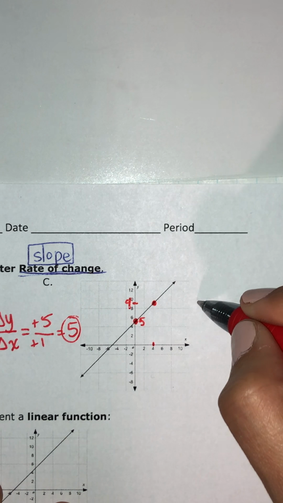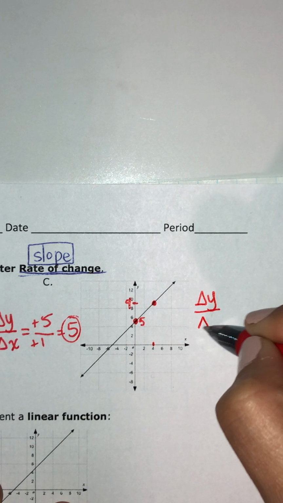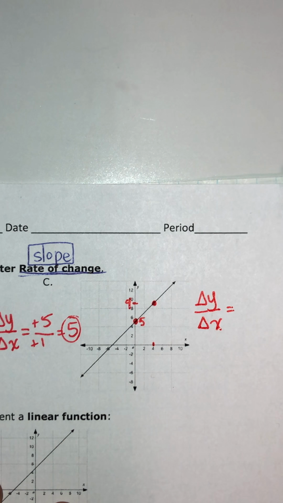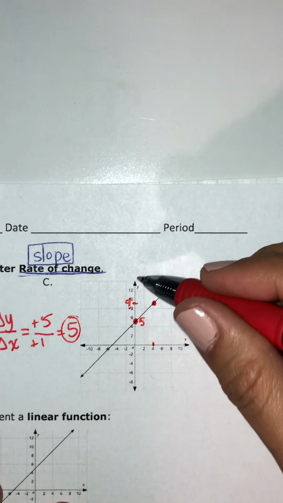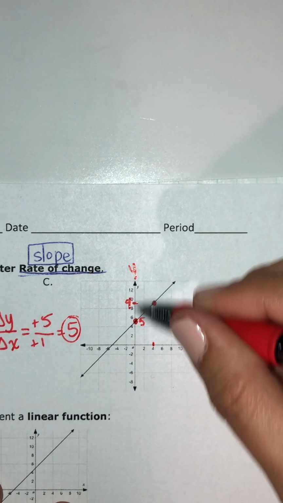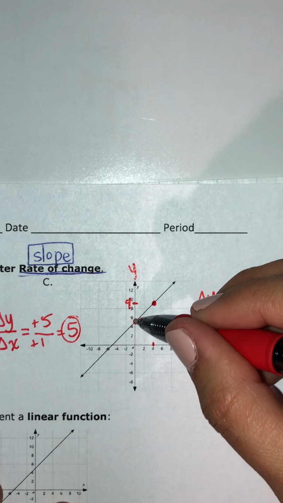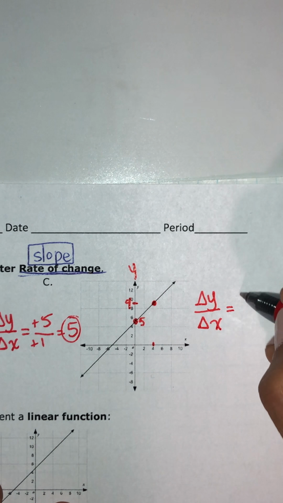We're going to use the same formula, change in y over change in x. Our change in y, going from 5 up to 9, is up 4.